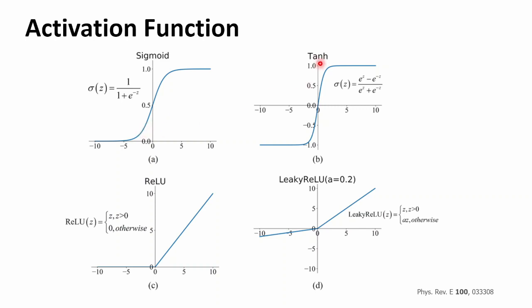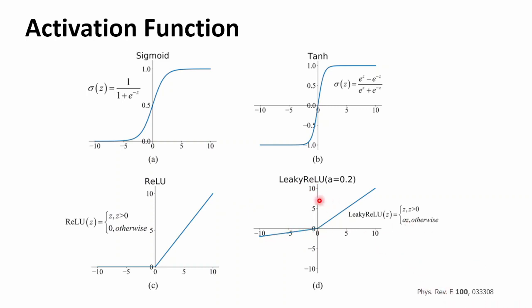And we could have a tanh, the hyperbolic tangent function. ReLU is one of the most commonly used functions nowadays in artificial neural networks. It looks like this, where it's 0 for any value less than 0, and it's equal to the value when the value is greater than 0. There's also another function called Leaky ReLU, which looks something like this.